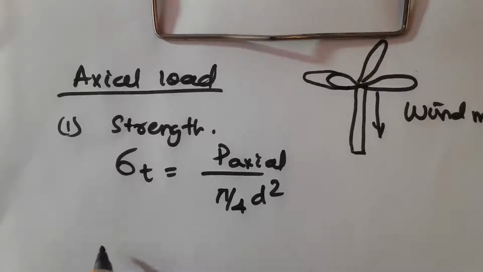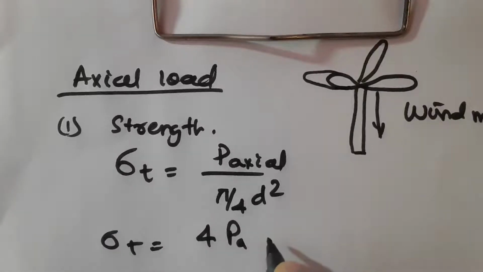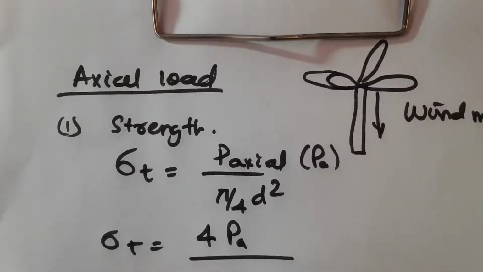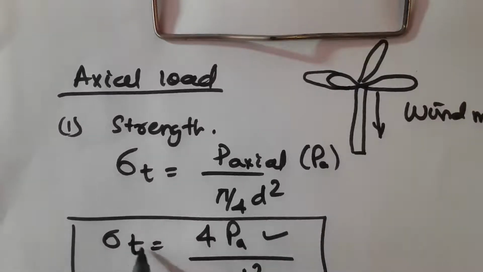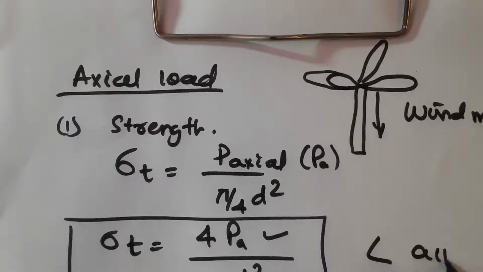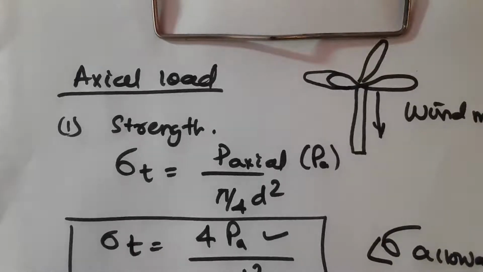So in that case, sigma T is equal to 4 P axial divided by pi d square. If this is less than the allowable limit, sigma allowable, then it is satisfying the strength of the shaft.